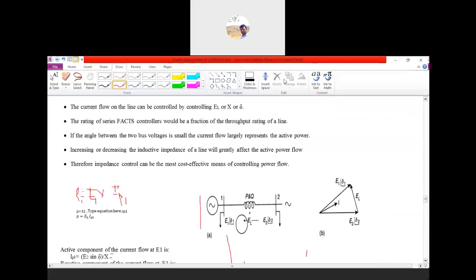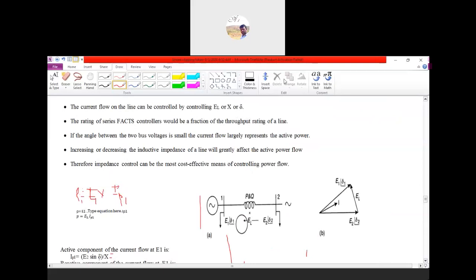By using shunt injectors we are injecting current in the transmission line. From that we are increasing the power stability of the transmission line network. Okay, this is about this.